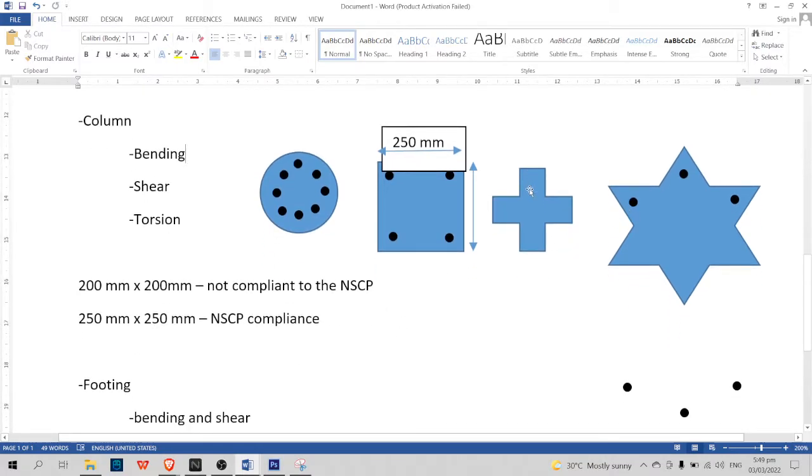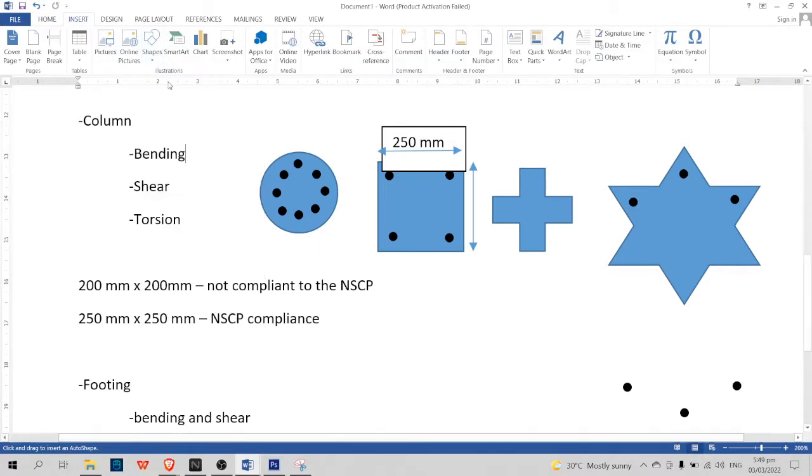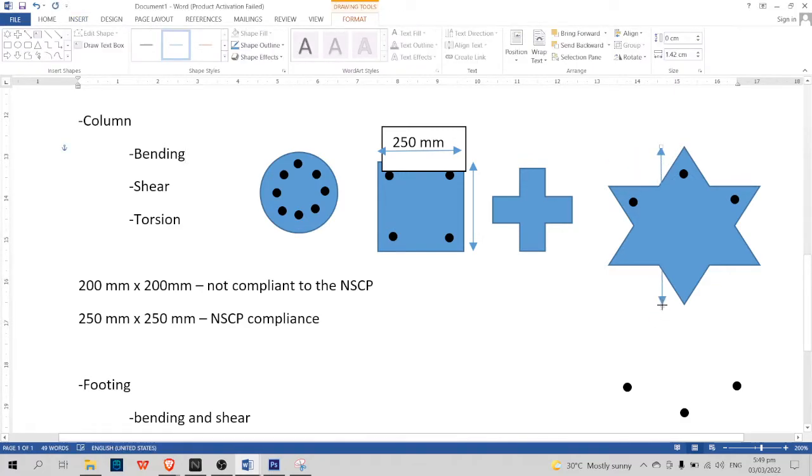So for irregular shapes naman, ganun din. So for example dito, how do you determine saan ba yung 250 diyan? So syempre yung pinaka outer to outer dimension niya.